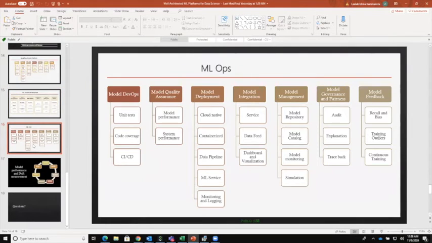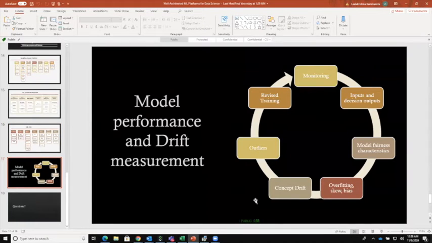Once again, a different way of looking at the same thing in terms of what ML ops means. Same story, different slide.